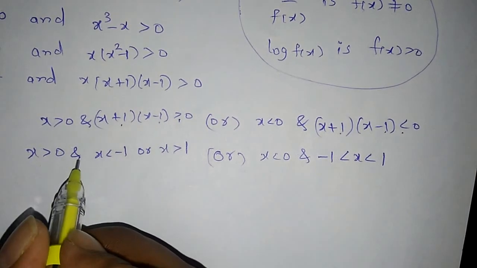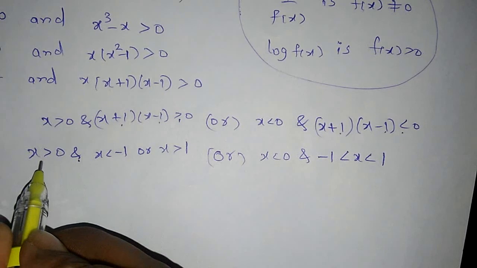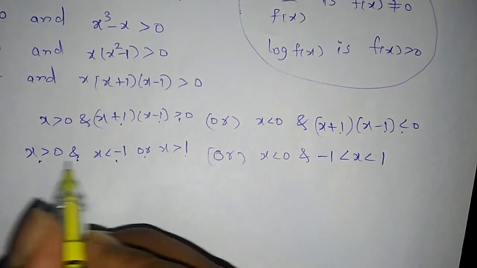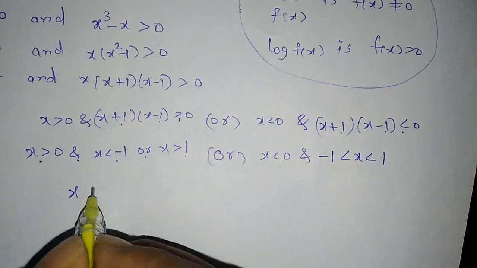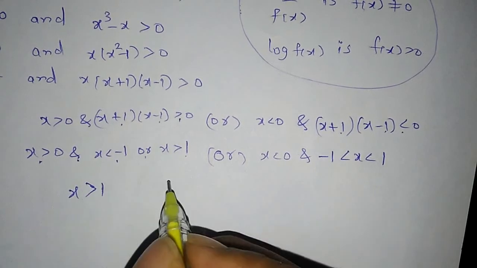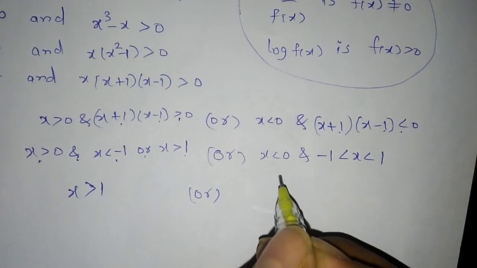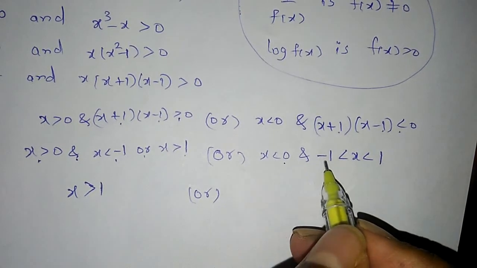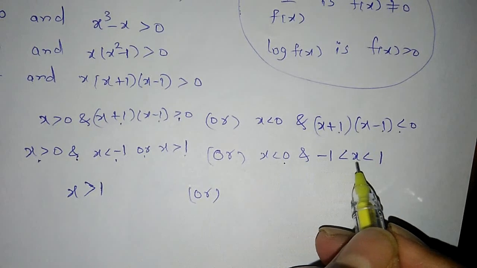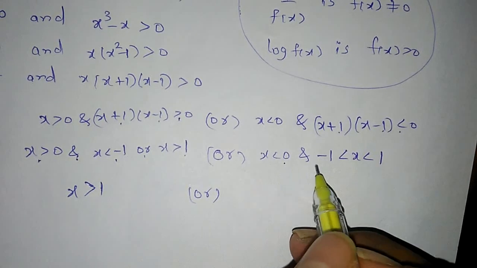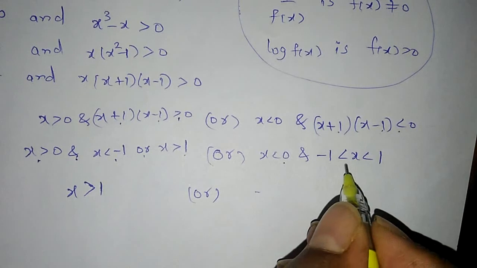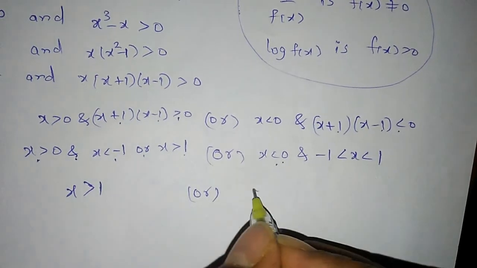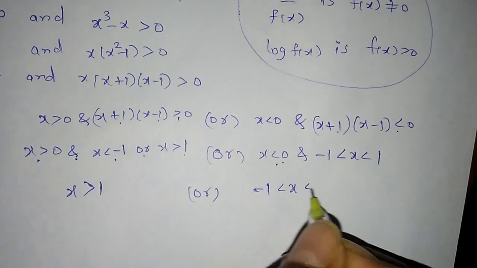So here and is there, so we need to take the intersection. x greater than 0, x less than minus 1 or x greater than 1. So intersection for this is x greater than 1. So I am writing directly. Or here x less than 0 and minus 1 less than x less than 1. So here intersection will be, x should be less than 0, right? So minus 1 less than x less than 0.